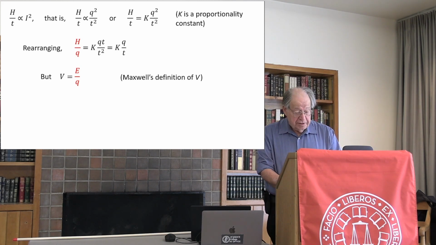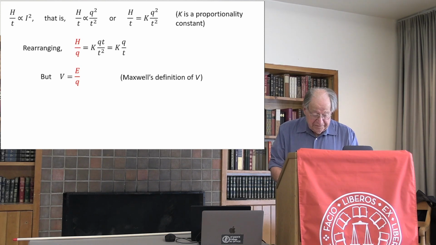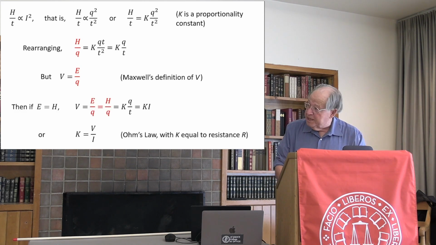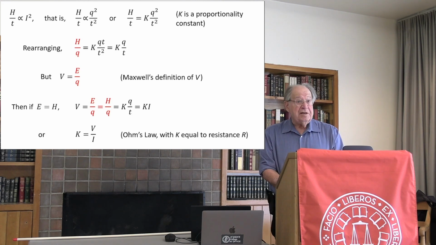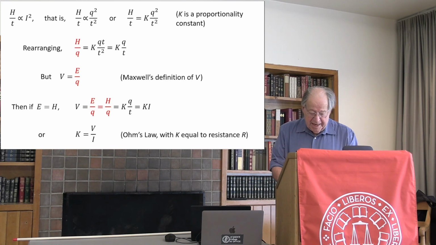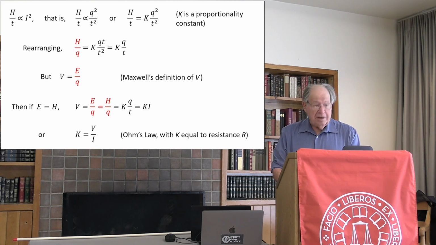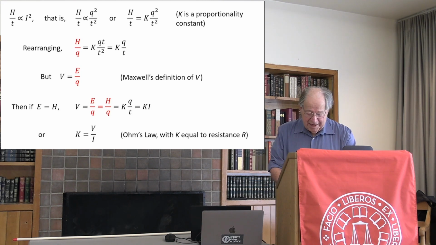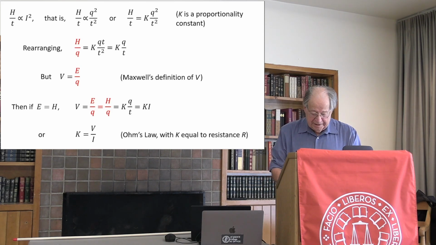If it is converted to heat, then E will be equal to H. And if that is so, we can combine the last two equations to obtain V equals E over Q equals H over Q equals K times I, or K equals V over I. But this is the very proportionality that constitutes Ohm's law. So the constant K must actually be the resistance R.